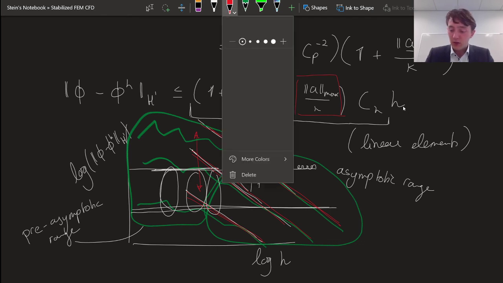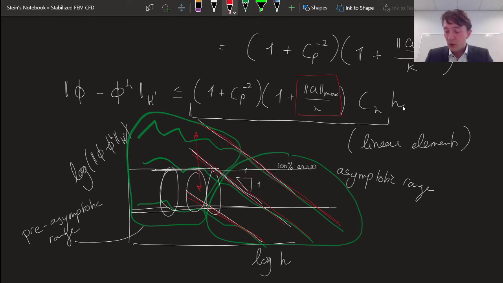And in general, for H1, optimal convergence will be h to the power p. And if we measure our error in L2, it will be h to the power p plus 1. So that's what we expect and want from any numerical method. If we reach the asymptotic range, the range where my error follows that optimal path, then we want to see this optimal rate of h to the power p or h to the power p plus 1.